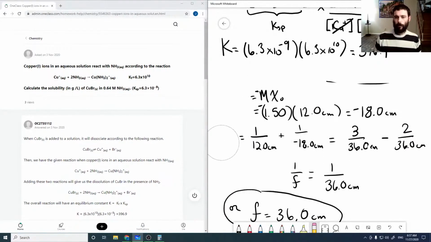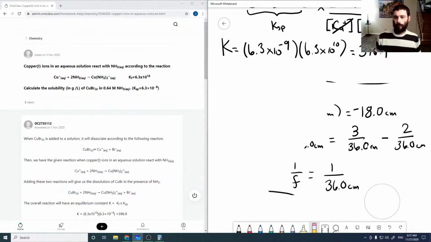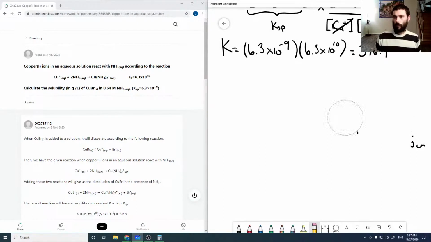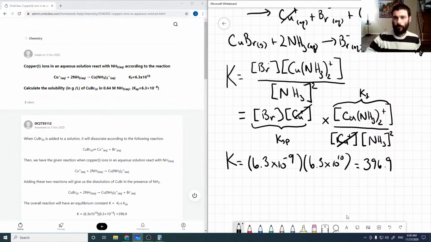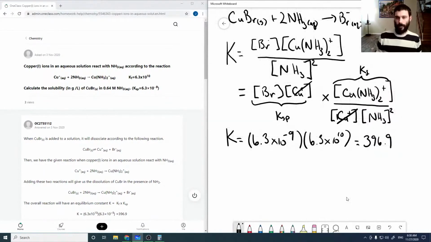I'm just going to erase some of this stuff. So we have the K for our summed reaction, so now we can use that to find our equilibrium concentrations. I'm just going to rewrite our total reaction so that I remember it also.